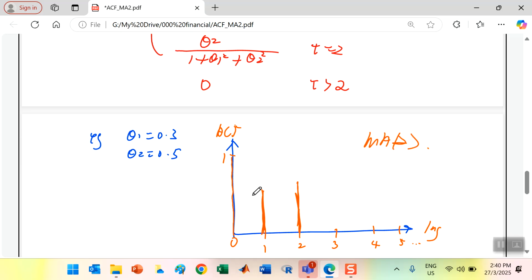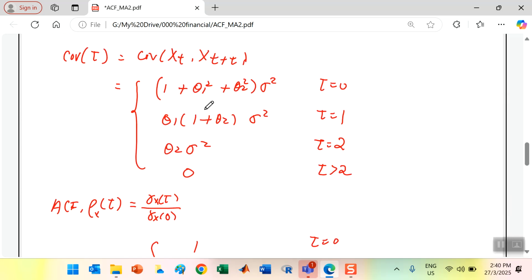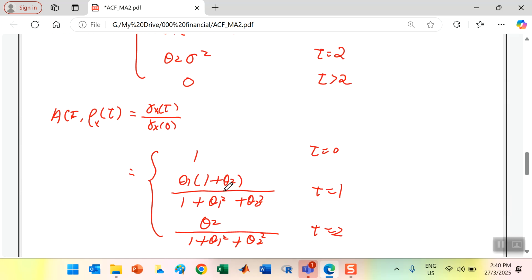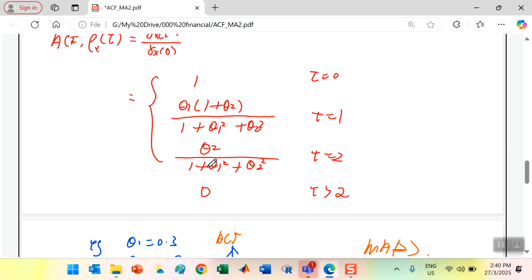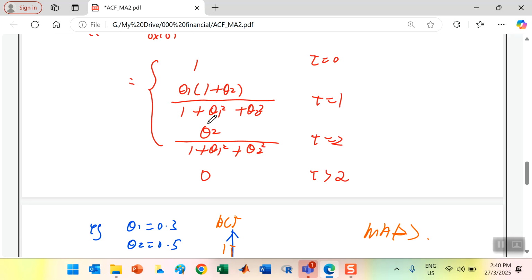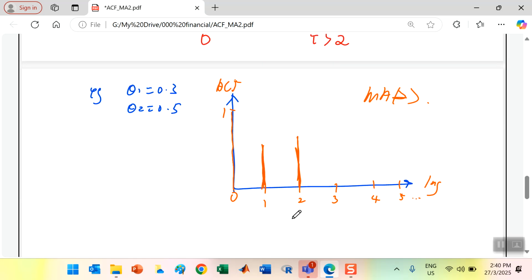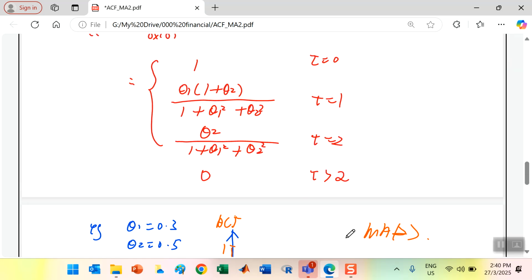Okay, so you can extend this to MA3, 4, 5, and so on. But the ACF equation or function will become more complicated, with more terms involved, more lags. If MA3, you're expecting to have three non-zero terms.